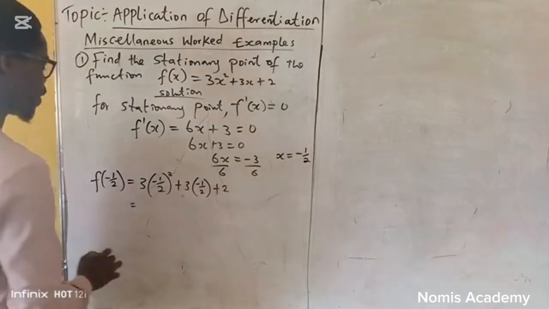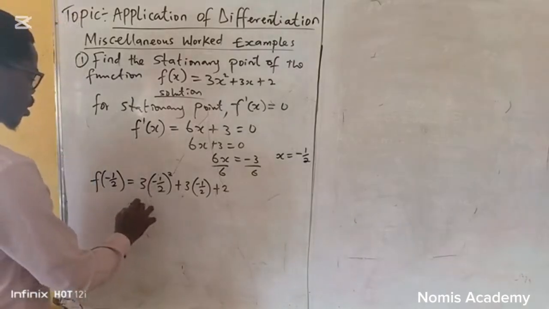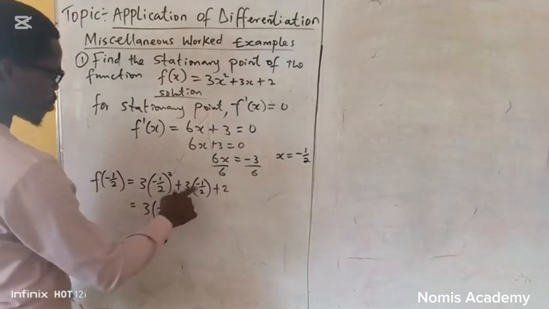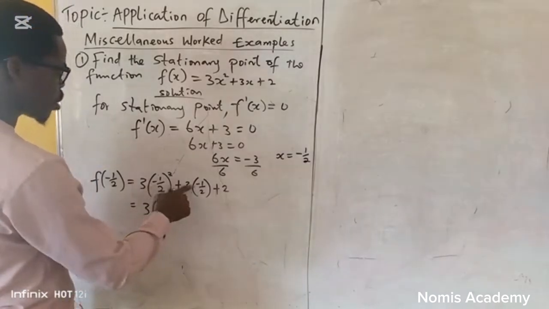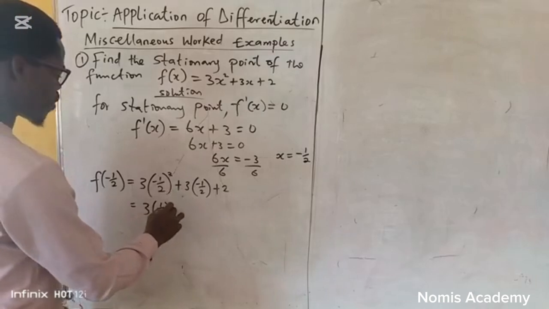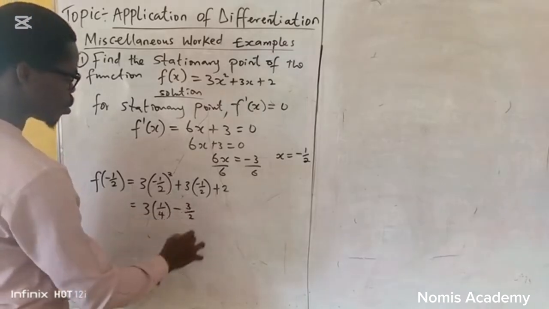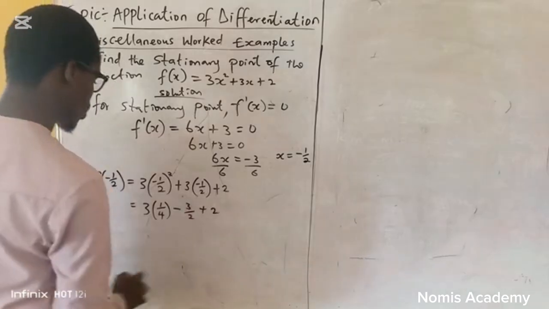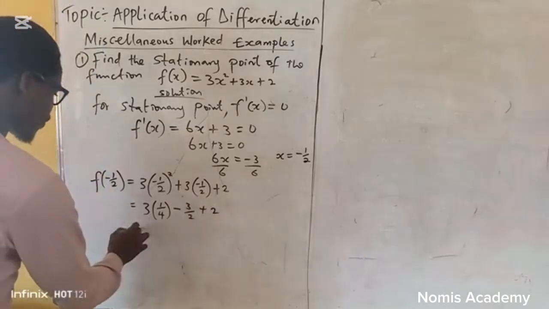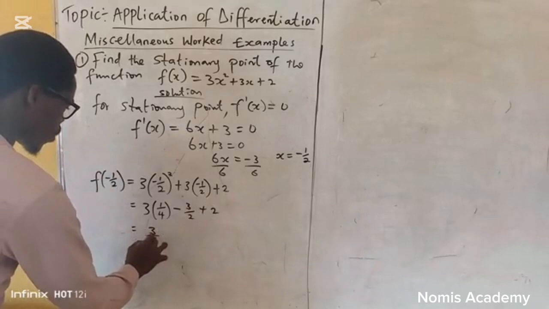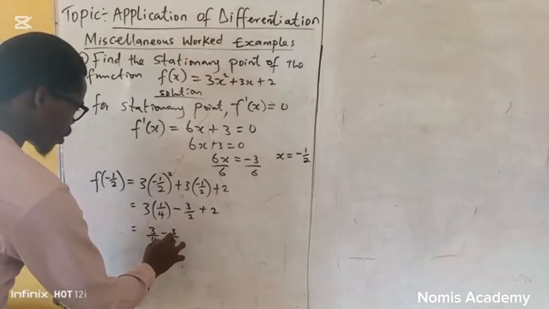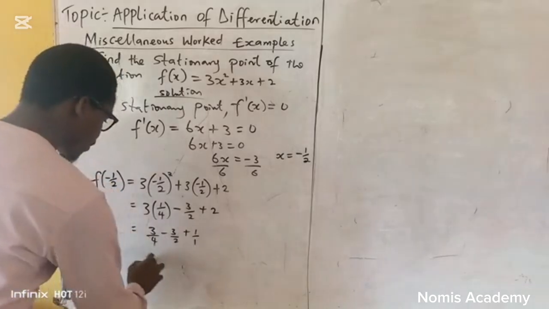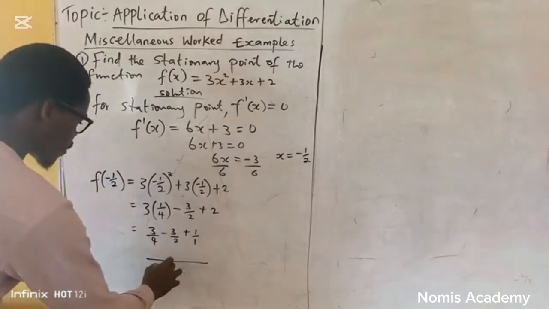So that will be 3 into 1 over 4 plus, since we have minus times plus, we have minus 3 over 2 plus 2. Then we have 3 over 4 minus 3 over 2 plus 1 over 1. The LCM is 4.